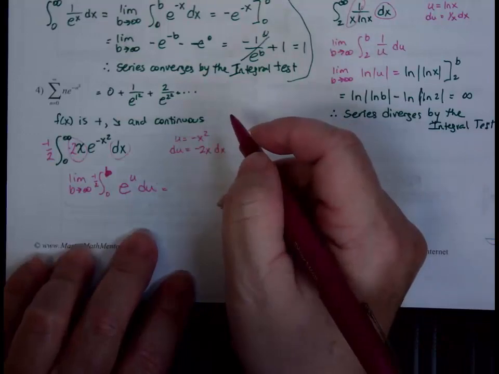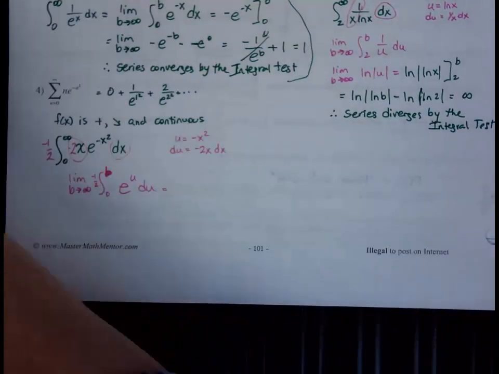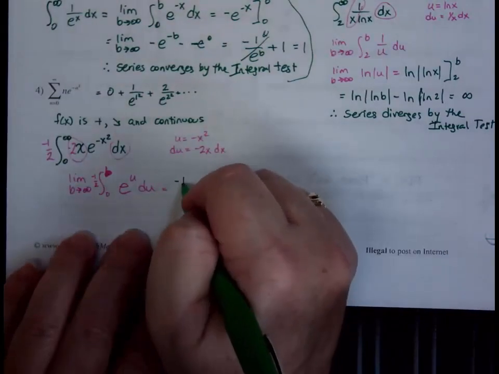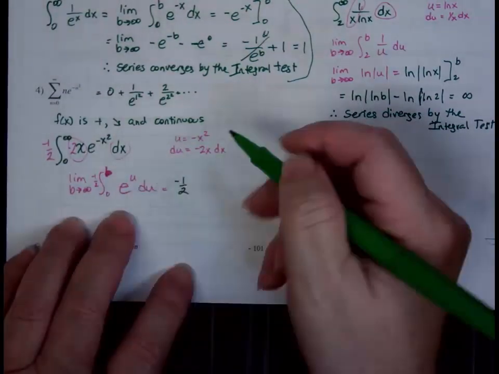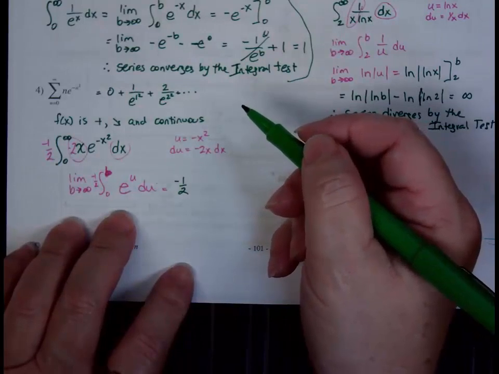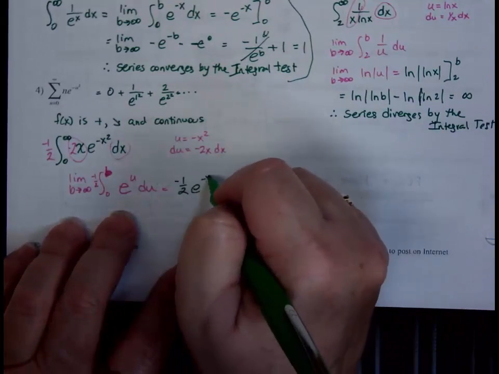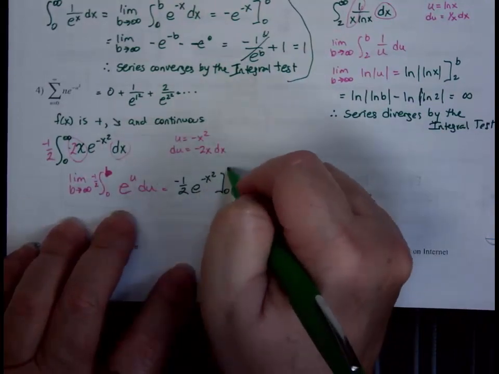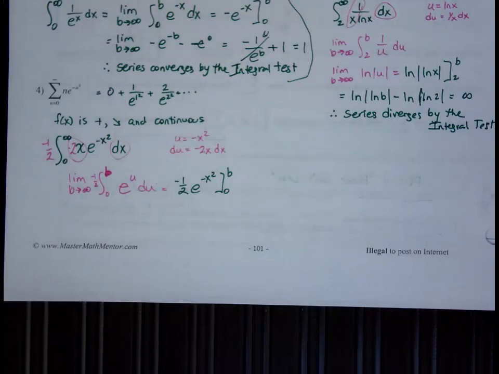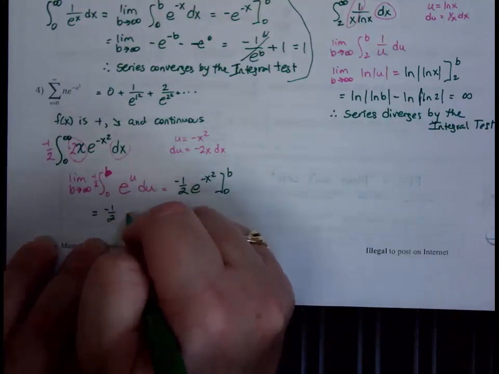All right. I'm going to do this all in one step because I know you guys can handle it. So negative 1/2. What's the antiderivative of e to the u? It's just e to the u, which I'm going to change back to x's. e to the negative x squared from 0 to b. All right, let's try plugging this stuff in. So this will be negative 1/2 e to the negative b squared.